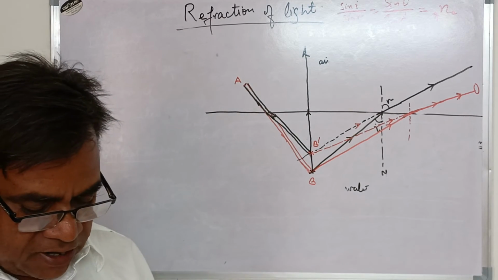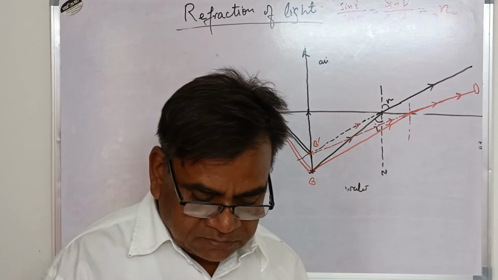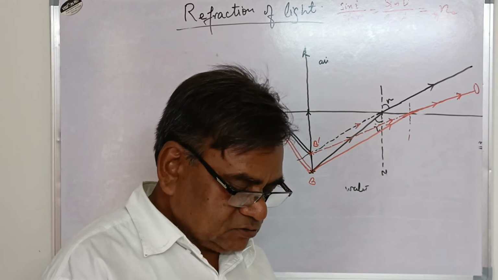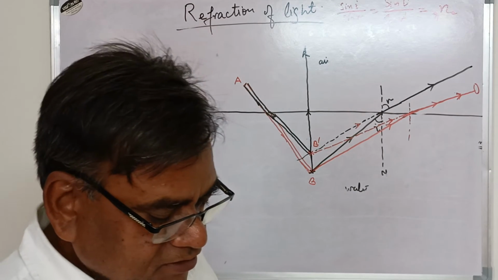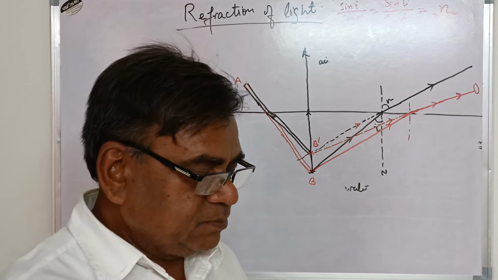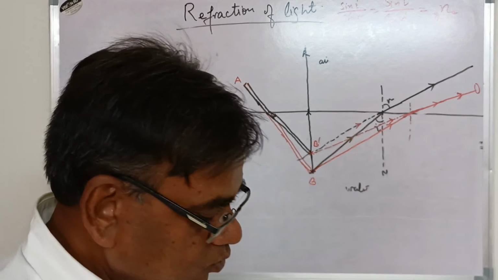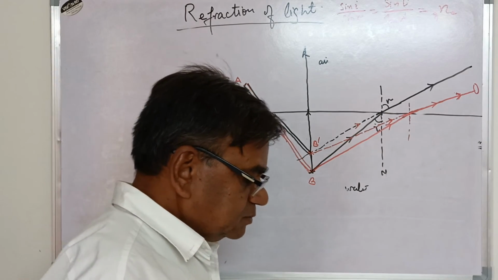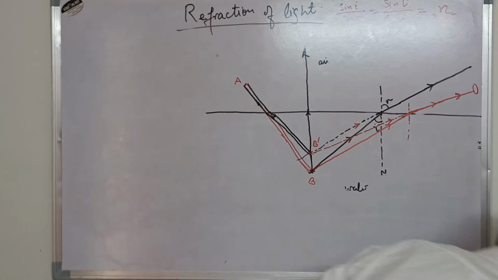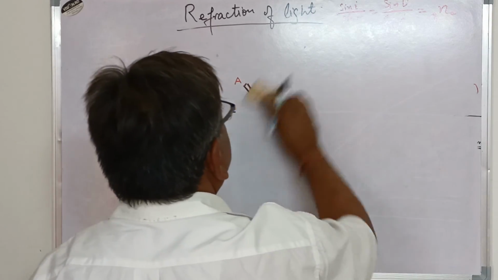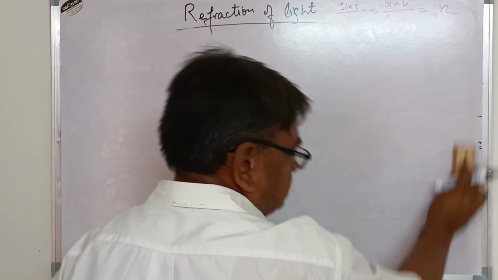A ray of light goes from a rarer medium to a denser medium. Does it bend towards the normal or away from it? When it goes from rarer to denser, let us assume that it goes from air to glass. Air is rarer and glass is denser.